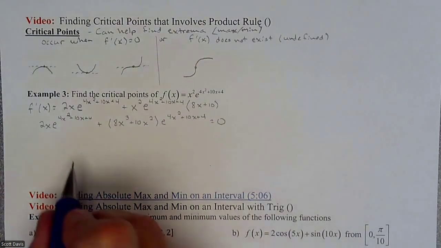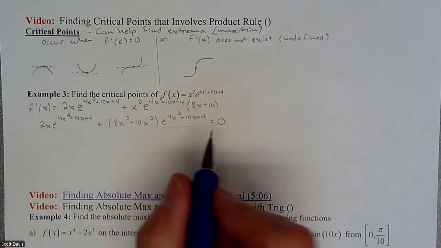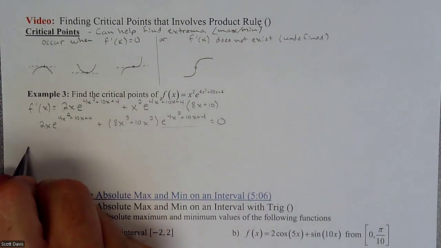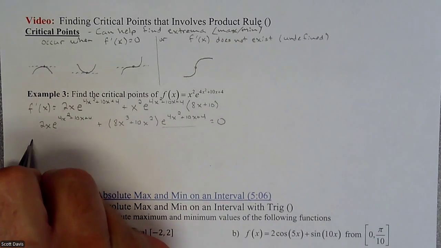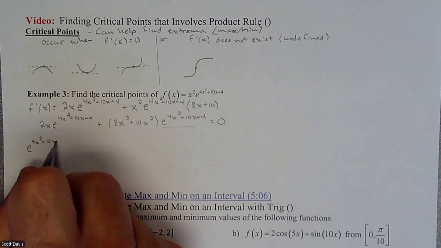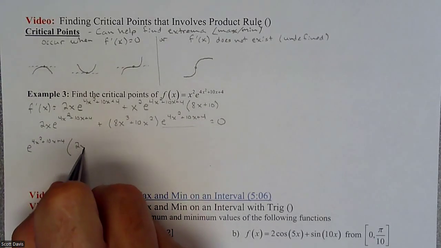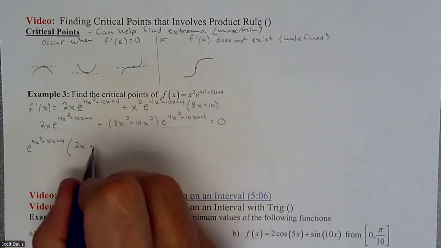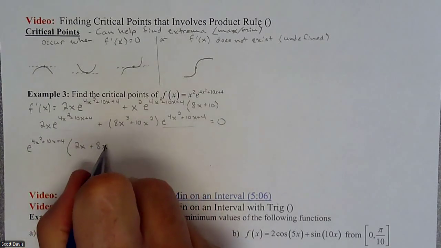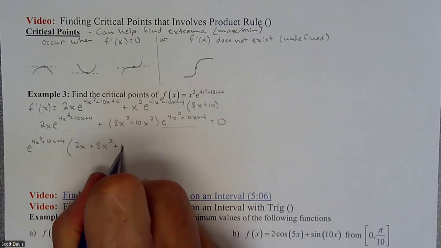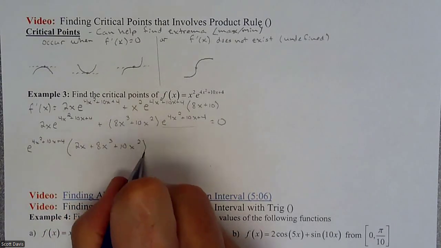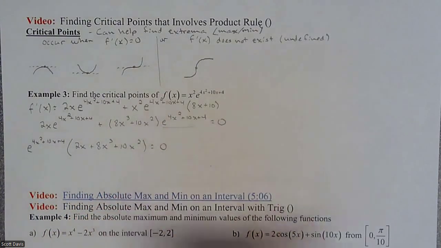To solve this, they both have this e piece right here, so I can factor that off: e to the 4x squared plus 10x plus 4. And then I would be left with a 2x plus this, which is 8x cubed plus 10x squared, and that's equal to 0.